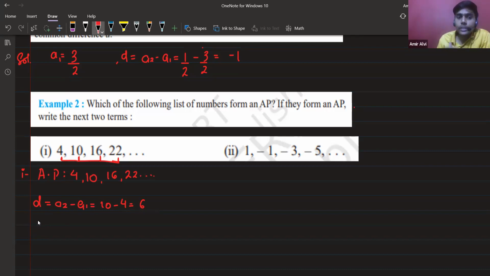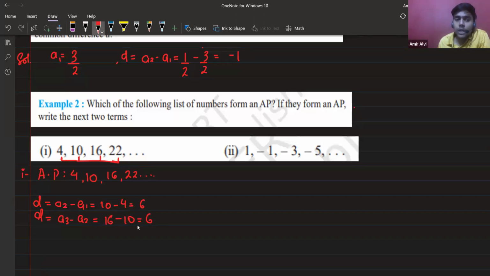Let's verify whether the common difference is the same in the whole progression. d is equal to a3 minus a2, because we take the successive and preceding term. 16 minus 10 is 6 again.